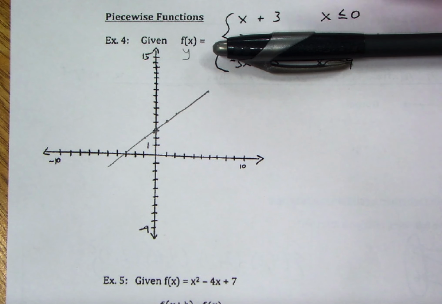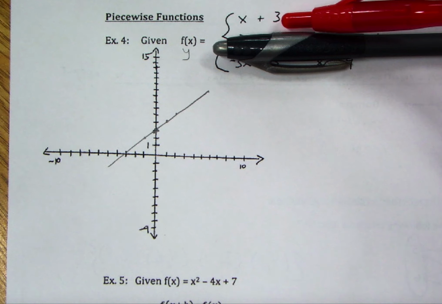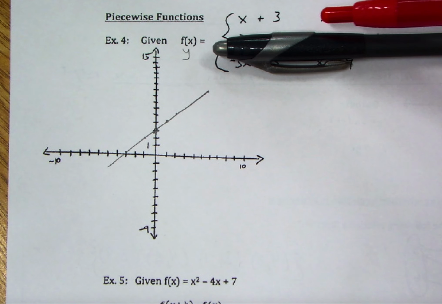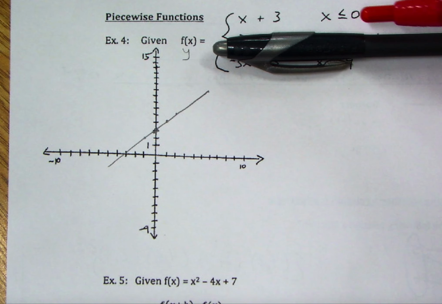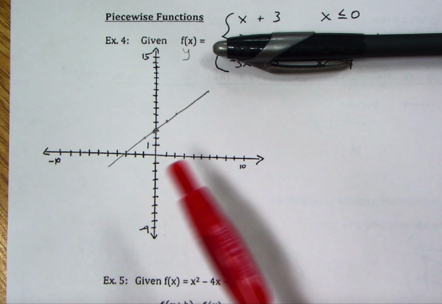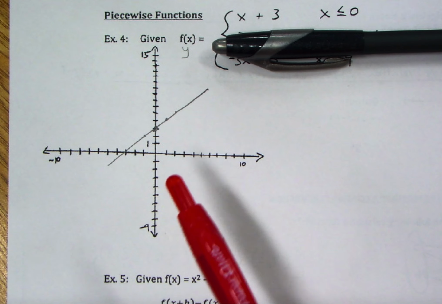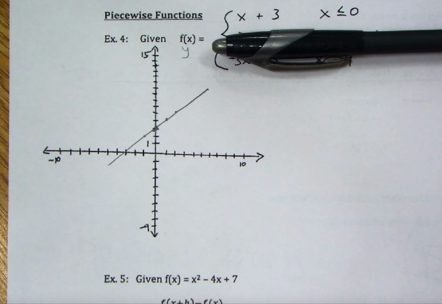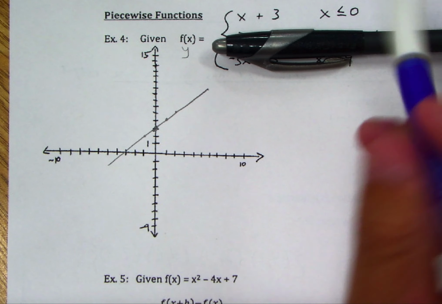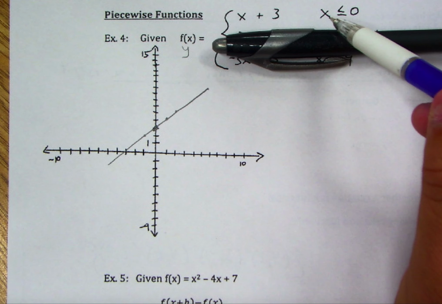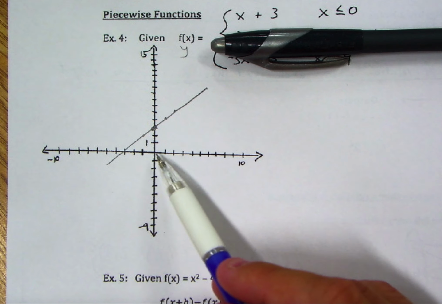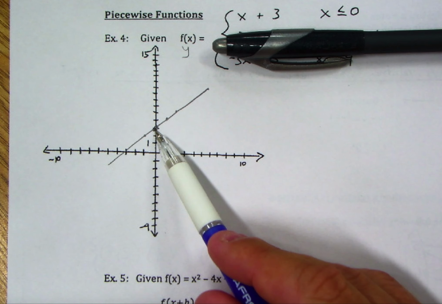But now, here's what these inequalities mean over here, okay? I only want the line x plus 3 only for x values that are less than or equal to 0. That means that for any x value bigger than 0, I don't want this line. I actually want to erase a part of this line now. So here's how I go about this. I go to where x is 0, okay? X is 0 right here, and I go to my graph.